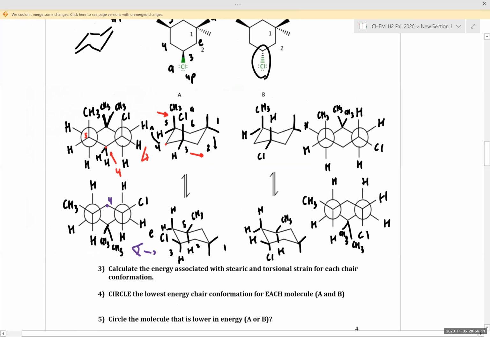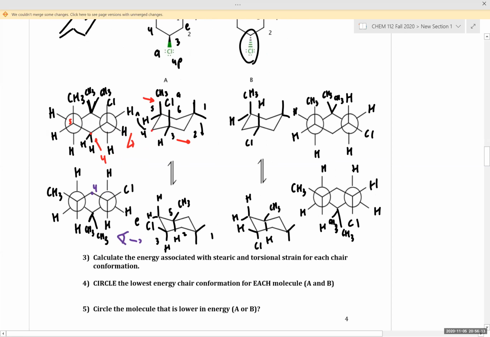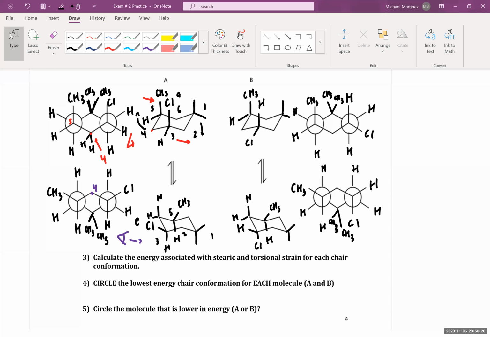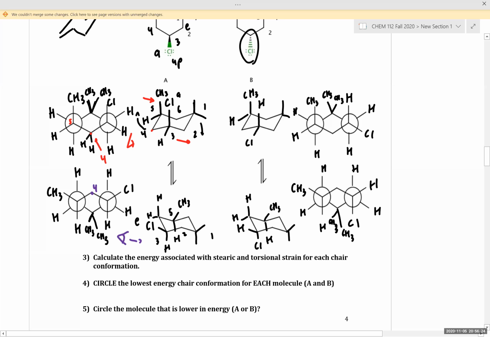Okay, so we're asked to calculate the energy associated with steric and torsional strain for each chair conformation and circle the lowest energy chair conformation. You're going to want to do this on a separate piece of paper on the actual exam, but I'll do this on the side so that way it's all in one place. So looking at the structure, we'll start with structure B1, and I'll call it.